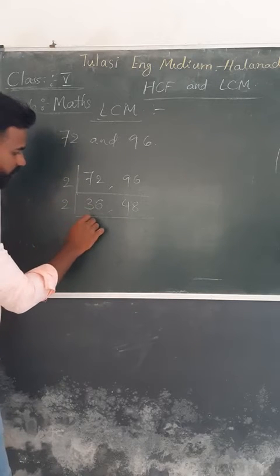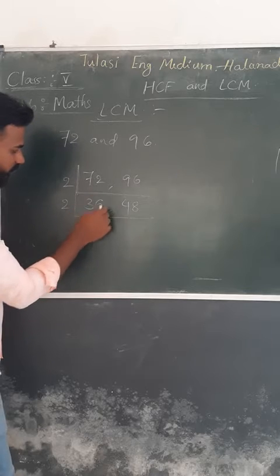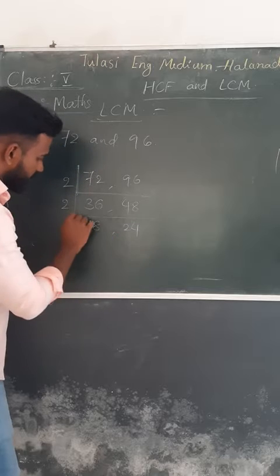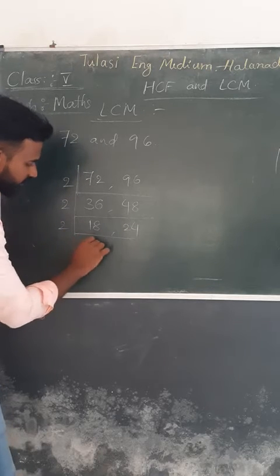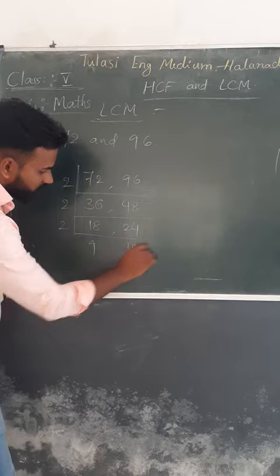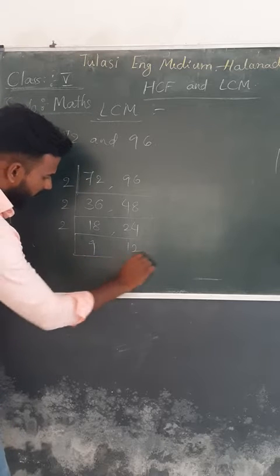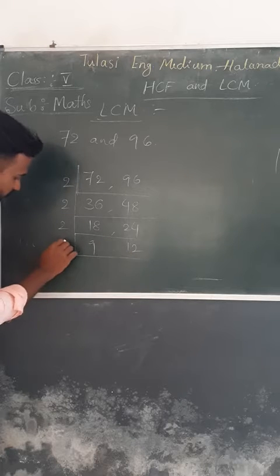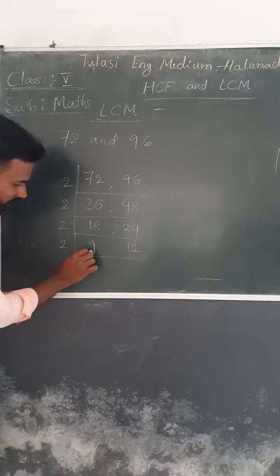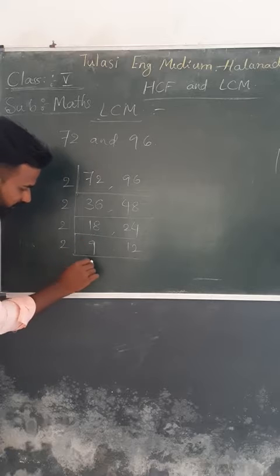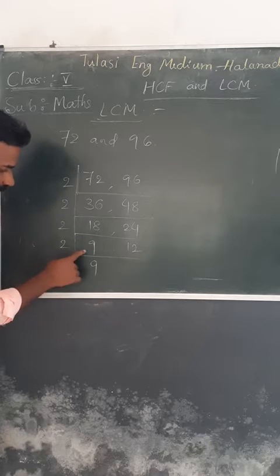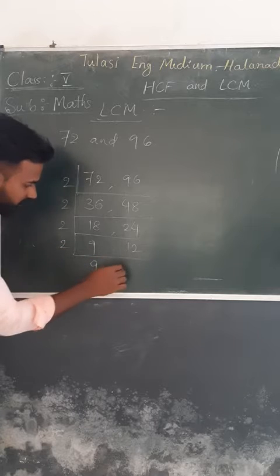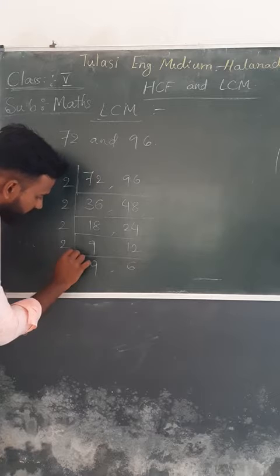Again by 2: 2 2s are 4, 2 9s are 18, 2 12s are 24. 9 is not divisible by 2, but 12 is divisible, so we divide by 2. If the number is not divisible, write it as it is. So 9 is written as it is. But 12 is divisible, 2 6s are 12.